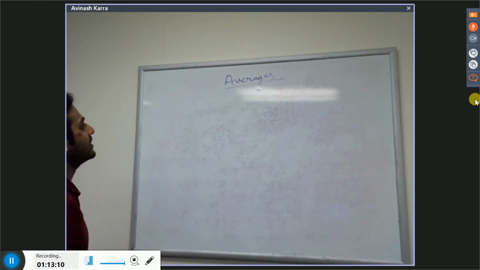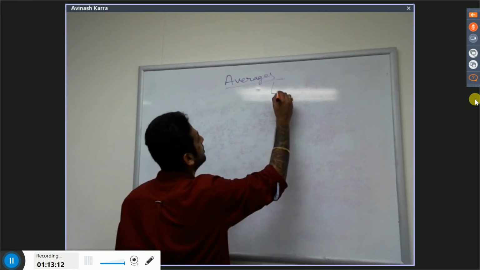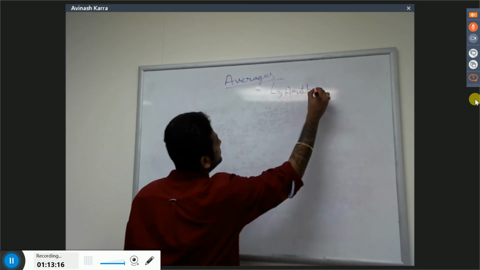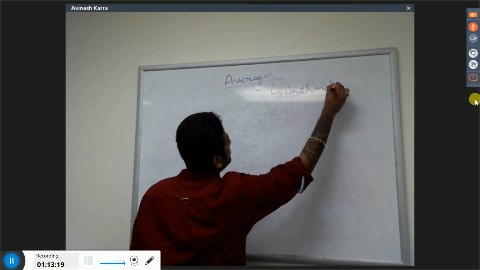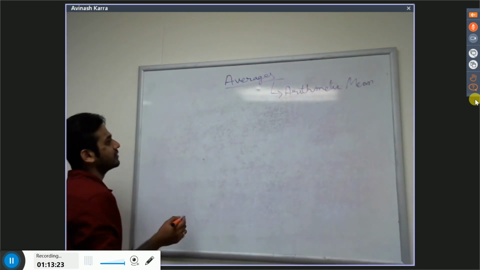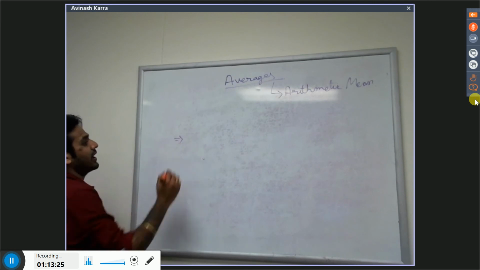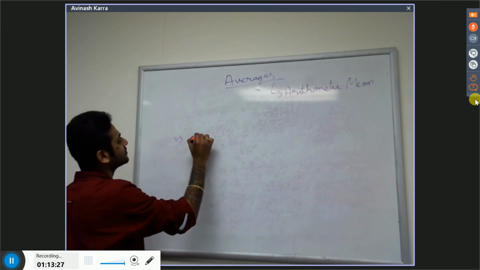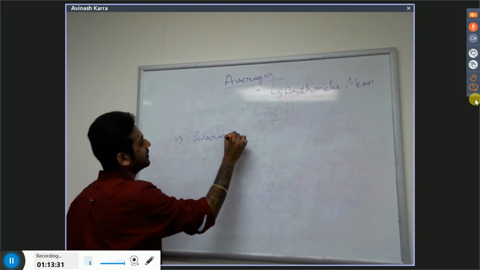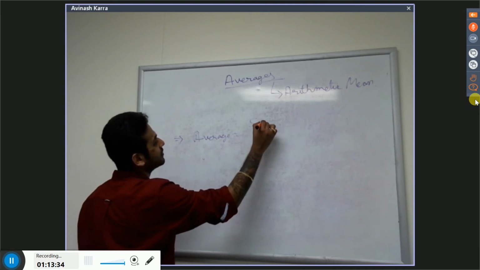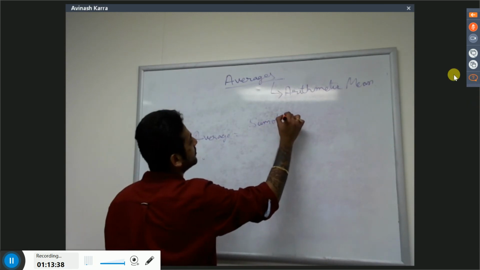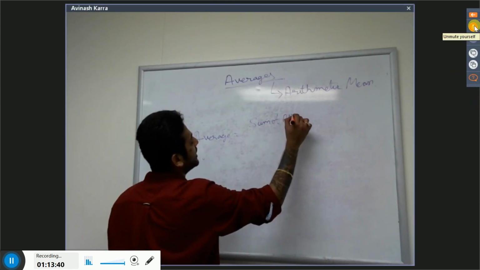Average is nothing but arithmetic mean. How to find an average? Average is equal to the sum of all values.